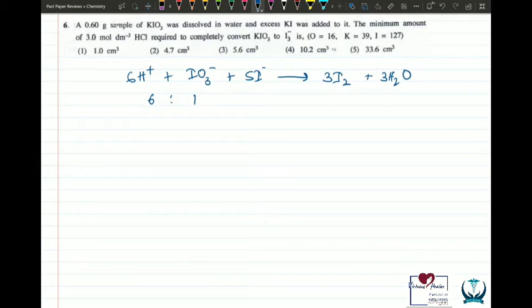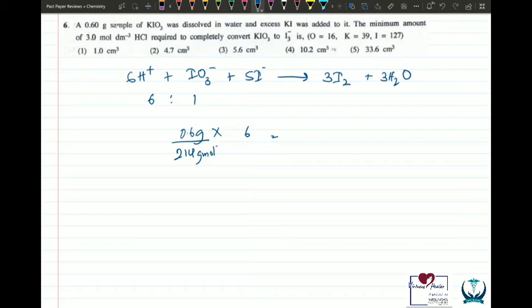So the moles of iodate multiplied by 6 will give us the moles of H plus. So we have 0.6 grams into 6 divided by 214 grams per mole, which is equal to the amount of HCl.